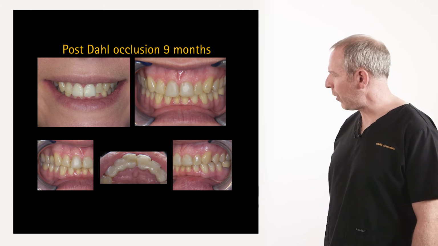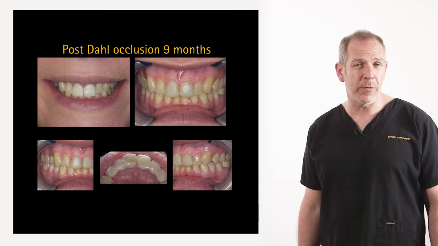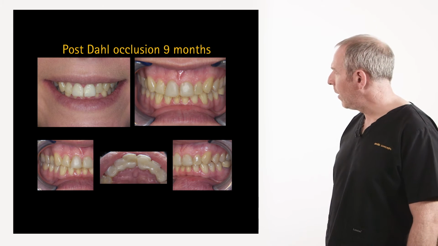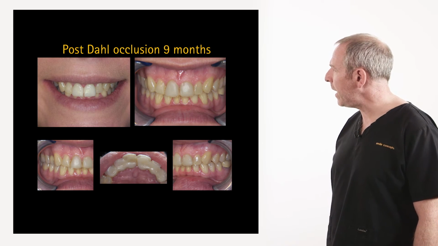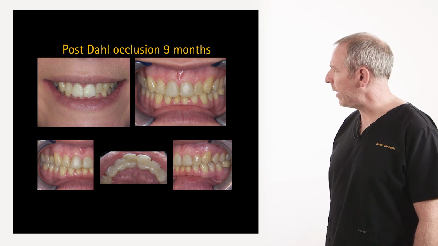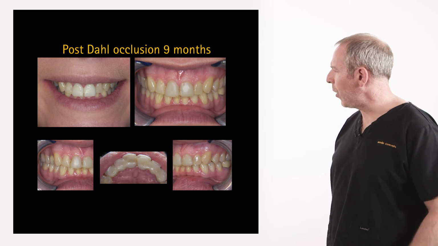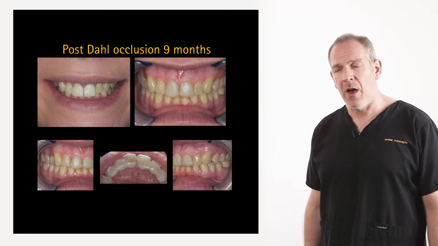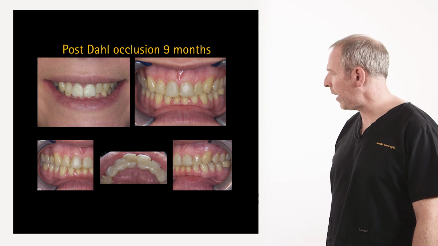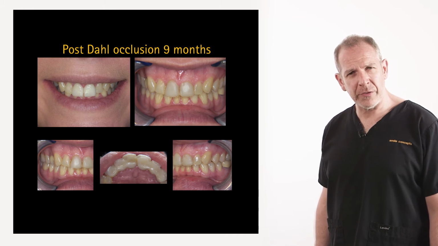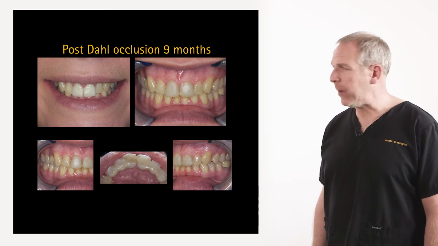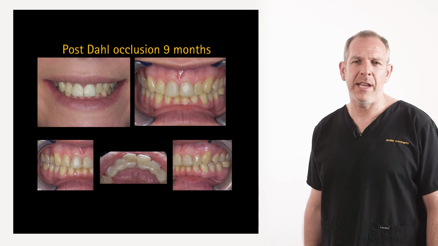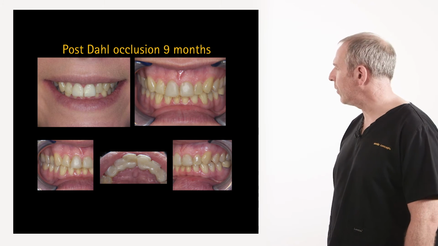Now, the palatal reduction will only involve removal of the Dahl, no tooth destruction. The upper laterals are peg-shaped, and the patient didn't like the aesthetics of these, and so what we did here was we undertook full coverage crowns on the centrals but also on the laterals, and because we were widening out the arch form, there was virtually no reduction on the lateral incisors.